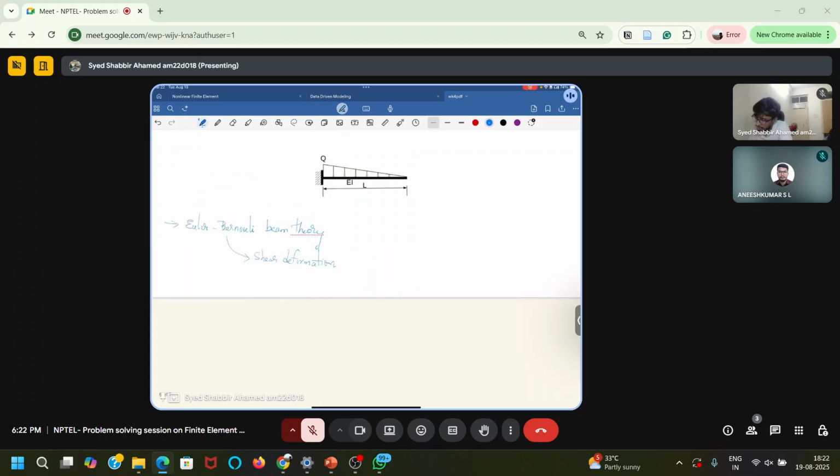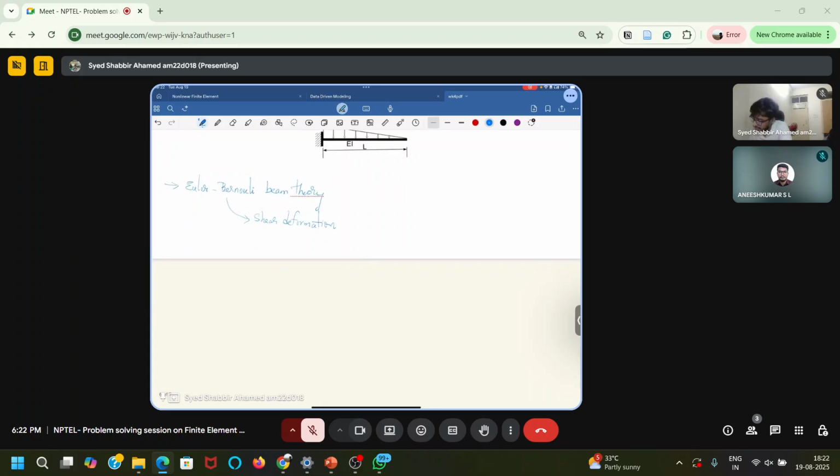So this is the beam which we have, and I want to define the potential energy. So potential energy will be equal to strain energy minus the work done. Okay. So this is my potential energy.